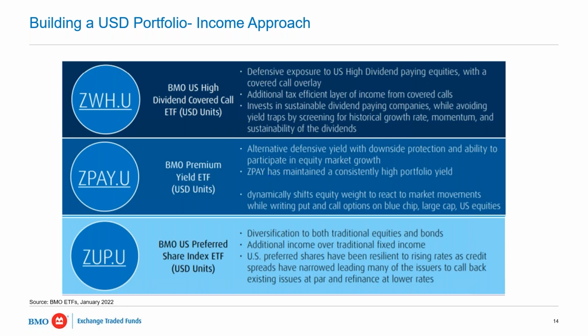And 2 other great ones as well: premium yield, which is a little more defensive, but again a very strong yielder, about a 6% yield, and has the ability to participate in equity market growth as well. Dynamically shifting into and out of equities, but a great income-oriented solution. And last but not least, U.S. preferred shares.